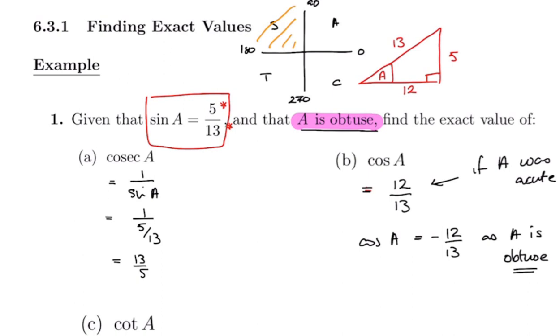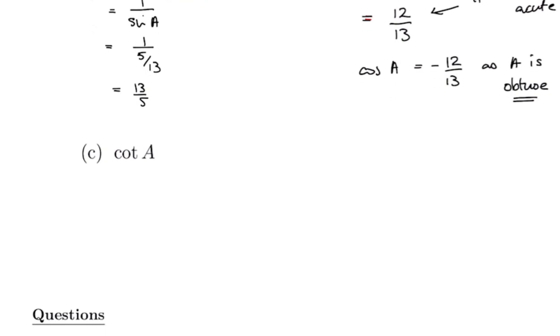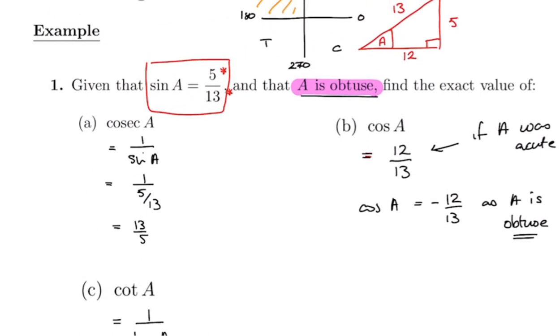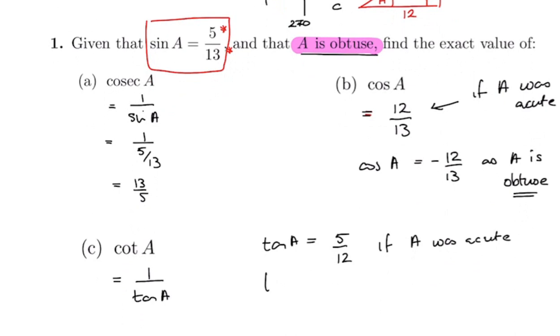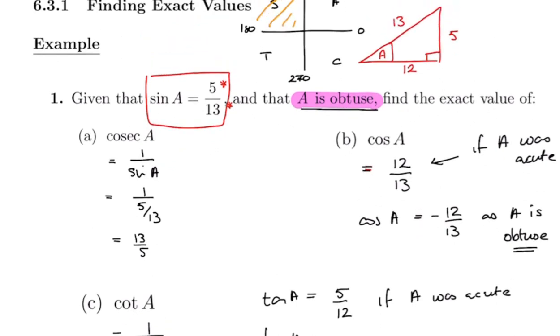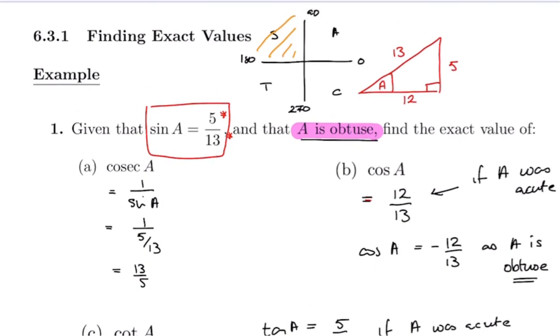Now cot is 1 over tan A. If we have a little look, you can see that tan A is opposite over adjacent, 5/12, but that will be if A was acute. Look at your CAST diagram, only sine will be positive.